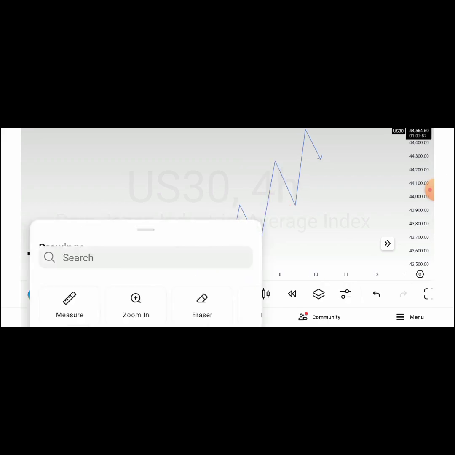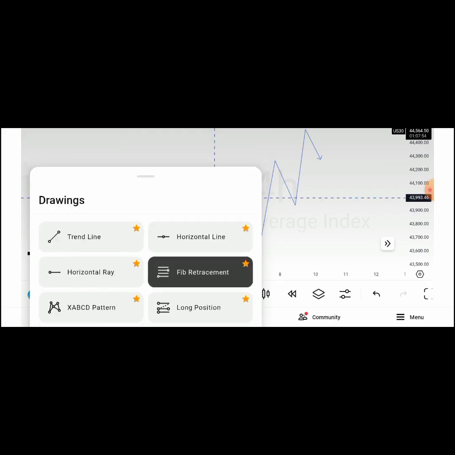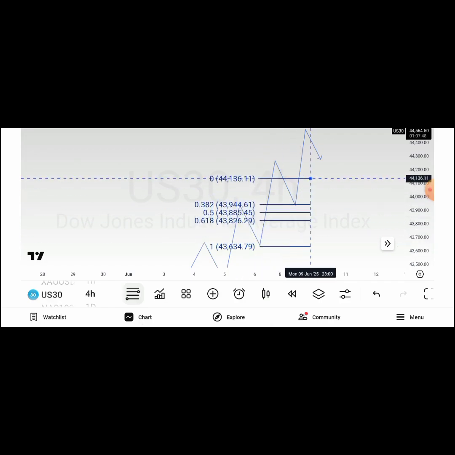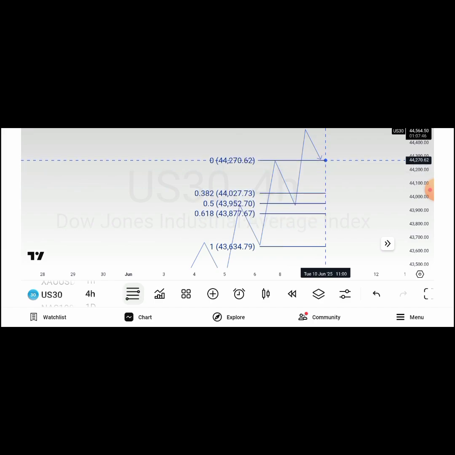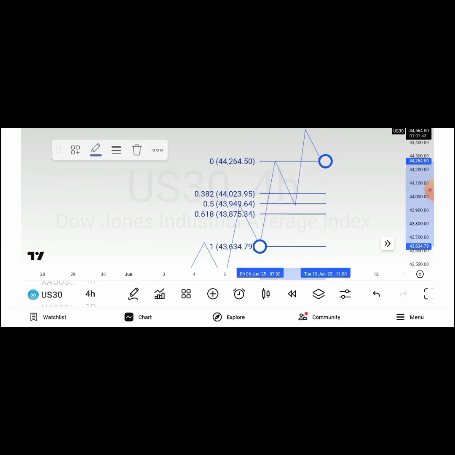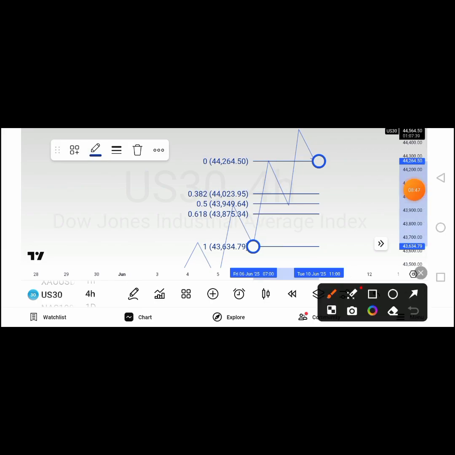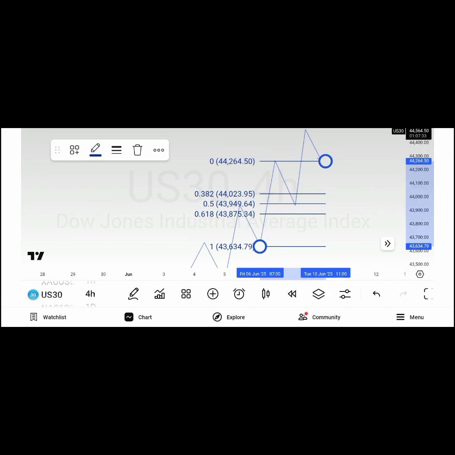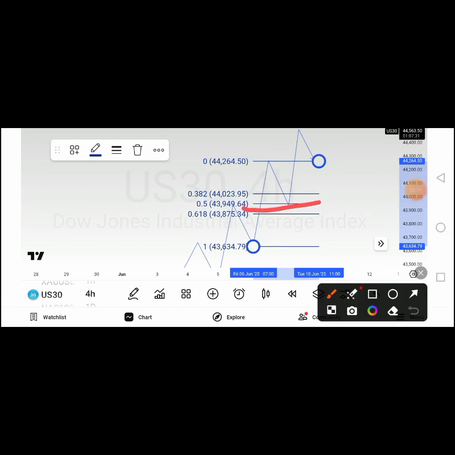So let's try to use Fibonacci right now. We first place Fibonacci down here, then you click. After you click, you drag it, move to the right like that, and keep the top at the high there, like this place here. Now look at it, see 0.5 again.